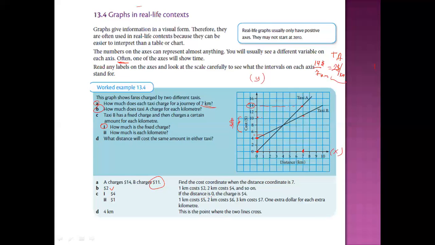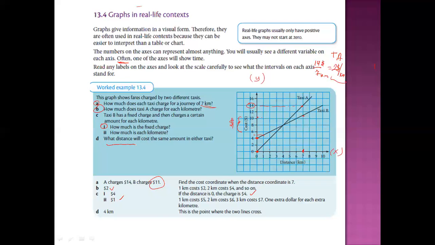If the distance is 0, the charge is $4. Its starting point is $4, and 1 kilometer costs $5, 2 kilometers cost $6, 3 is $7, because it started with $4 and for each kilometer he'll charge you $1. So how much for each kilometer? It's $1 for each kilometer.